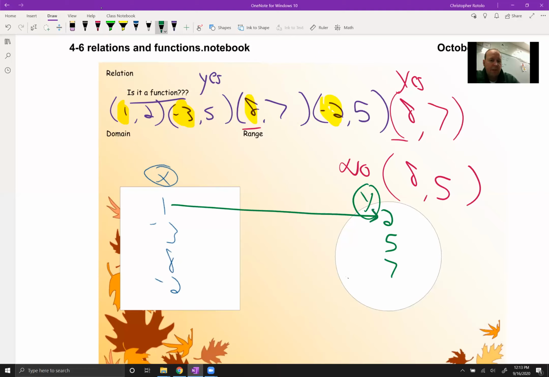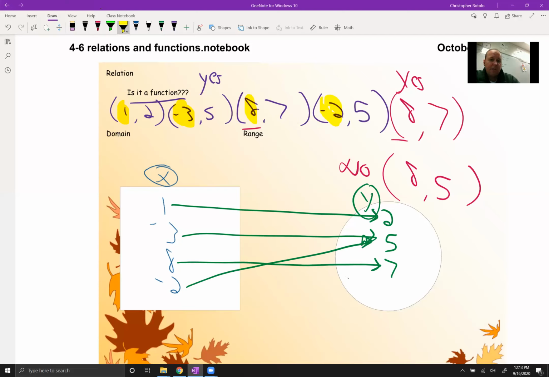That came from 1, negative 3 went to 5, 8 went to 7, 2 went to 5. Okay, so remember this was the yes. So I'm going to use yellow highlighter again. These are all okay, right? Because each thing in this domain map, right, this is called a map, each thing has one arrow coming out of it. So I'm looking right here, and that means every domain has one range.